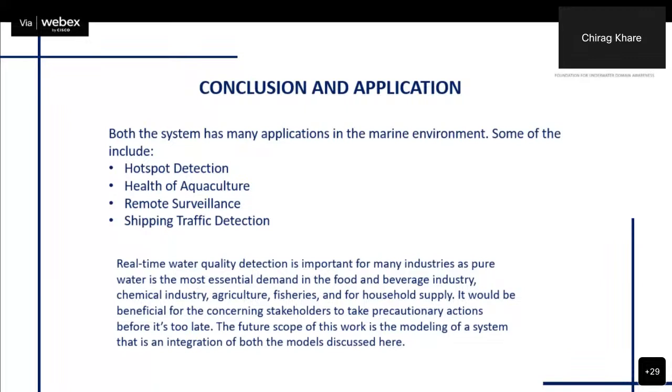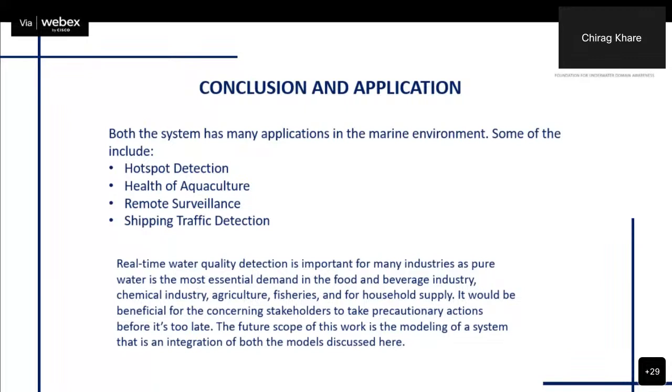Also, with the measured values of dissolved oxygen and biological oxygen demand, we can come to know about the health of aquaculture. And with the aid of an HD camera, we can get real-time pictures of distant locations, thus helping in remote surveillance also.